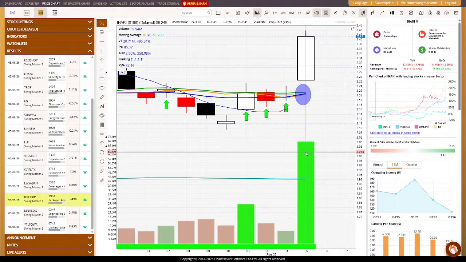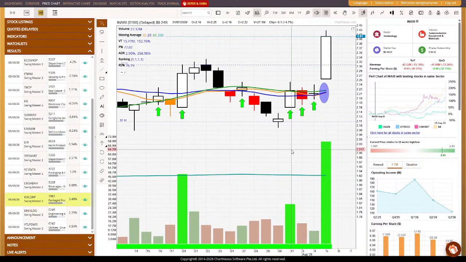We only needed 20.7 million, but Inari today traded almost 70 million. This is a fantastic volume. The volume supports the price movement, and this is the Inari trade. I hope that's clear. This is how we caught the Inari trade.